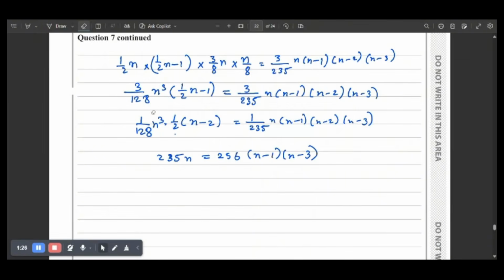Sorry, a correction: this will be n square, because we will already cancel out a single n from this n cubed because of the common n term.